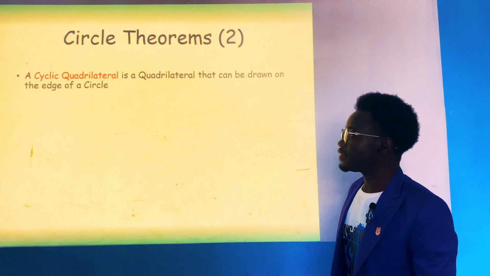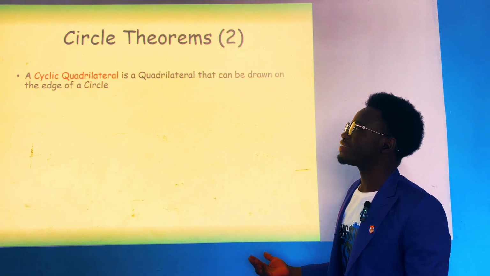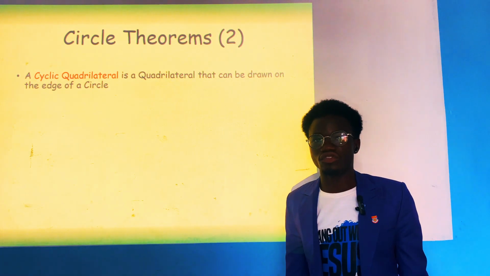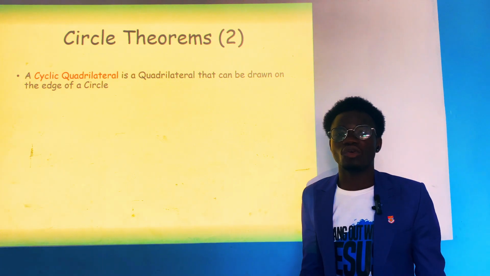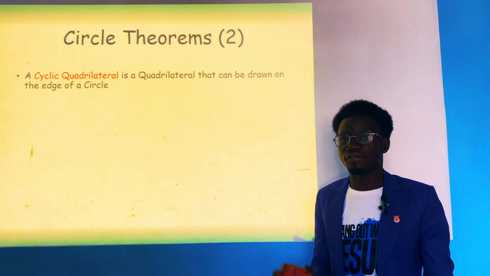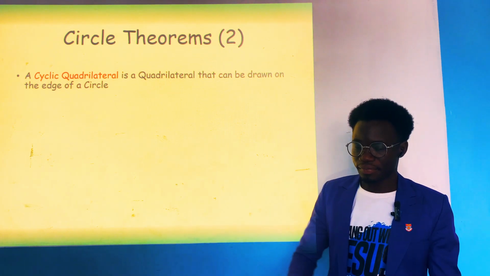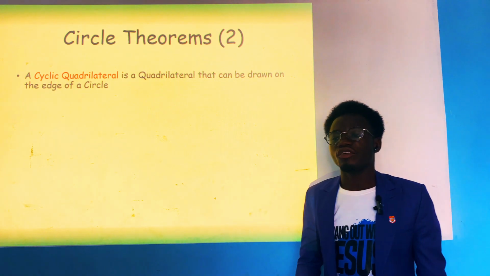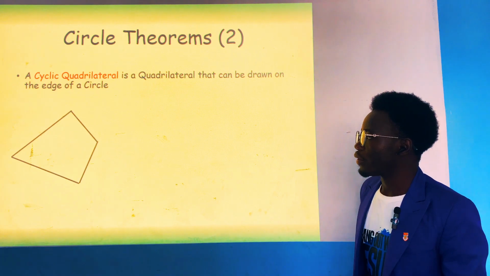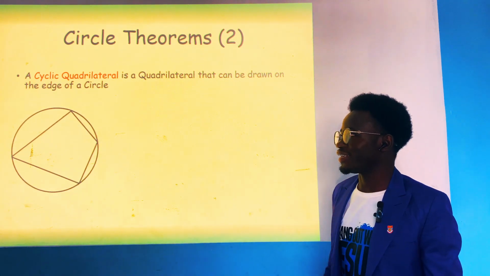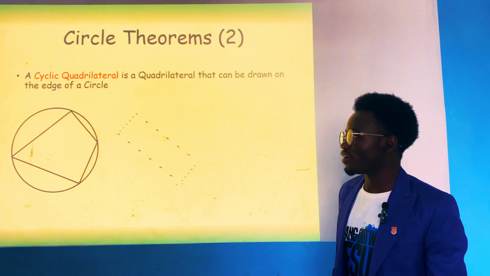Now, a cyclic quadrilateral is a quadrilateral that can be drawn on the edge of a circle. A quadrilateral is a four-sided plane figure. So if it is inside a circle, then we call it a cyclic quadrilateral. Right? This is a quadrilateral. If I have a circle around it, then it's called a cyclic quadrilateral.